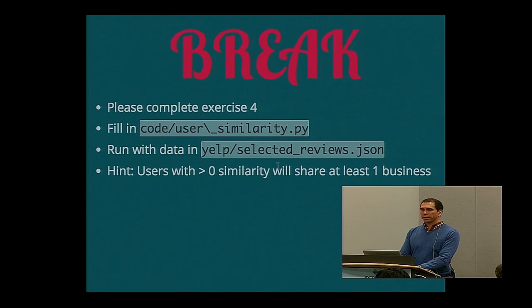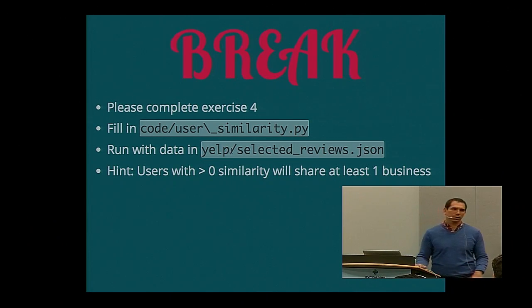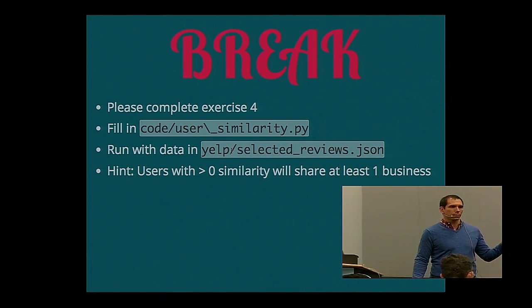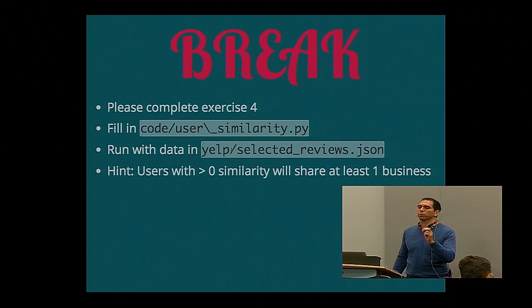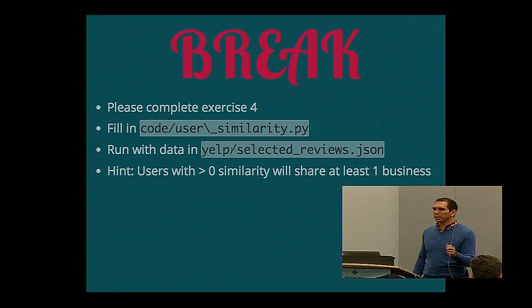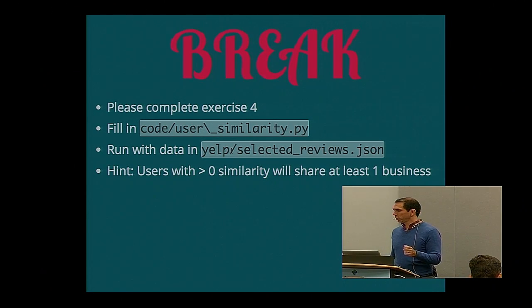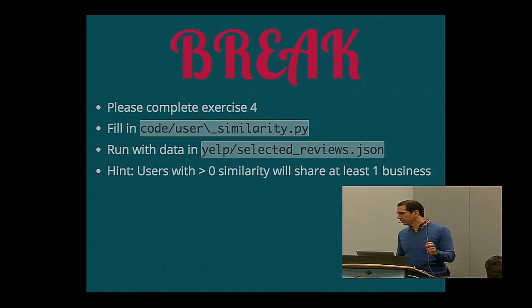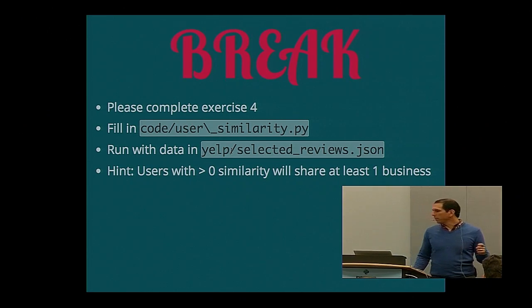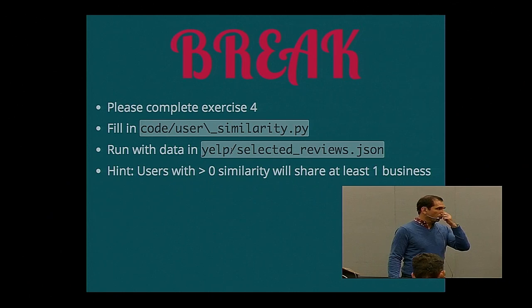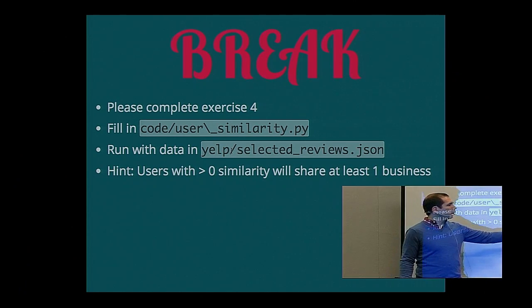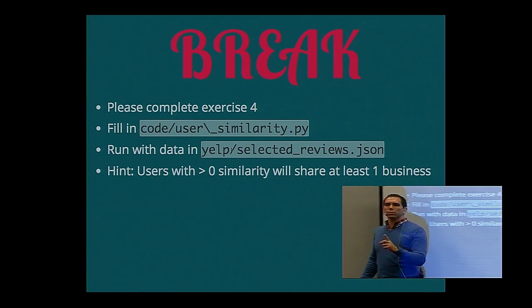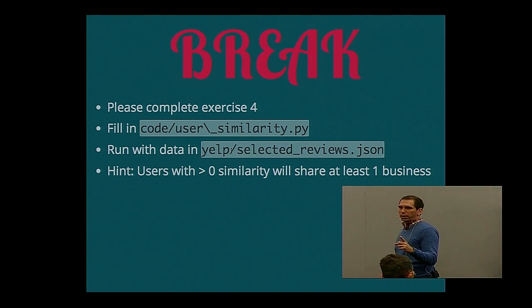We'll be running, again, with that review data, in the Yelp subdirectory. And those reviews, remember, have a user ID of who wrote the review, and a business ID of which business was reviewed. Now, the hint here is that users with greater than 0 similarity will have reviewed at least one business in common, right?